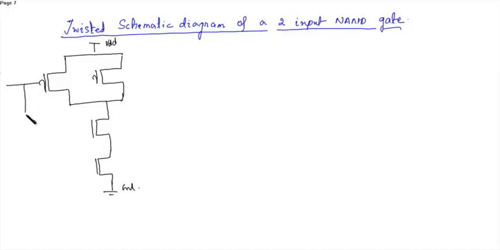So this is, let's say this is A, and this is B. This is A, this is B, this is the output Z, P1, P2, N1 and N2.